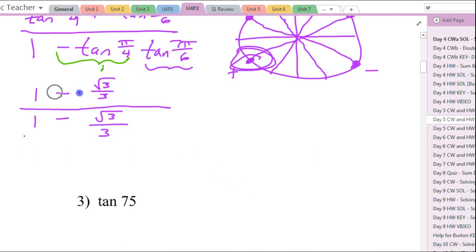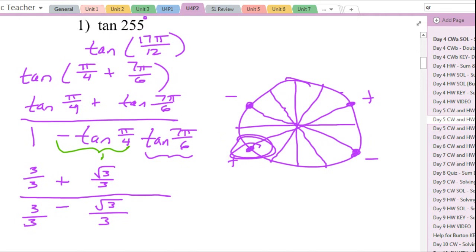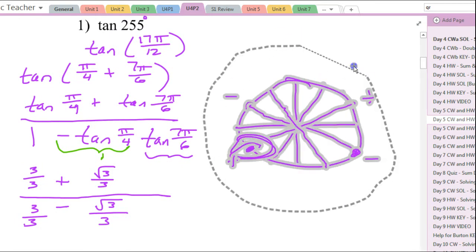Okay, so now I'm just going to add the numerator terms together, and I'm going to add the denominator terms together. One way to do that is to understand that 1 is really 3 over 3. So both of these will have a 3 over 3 where the 1 used to be. Okay, so now I'm in a good position to add these up.